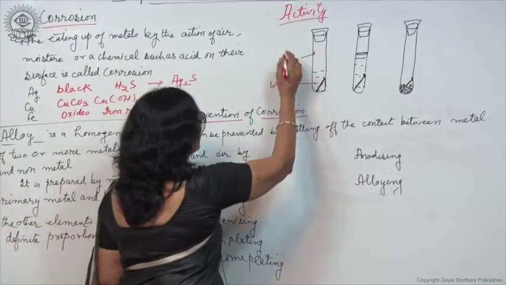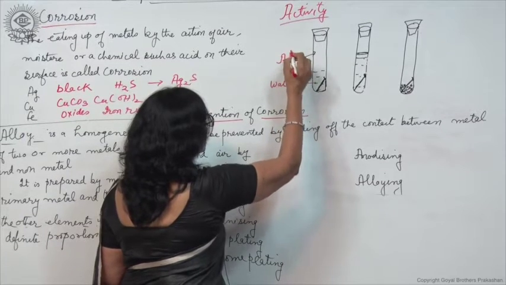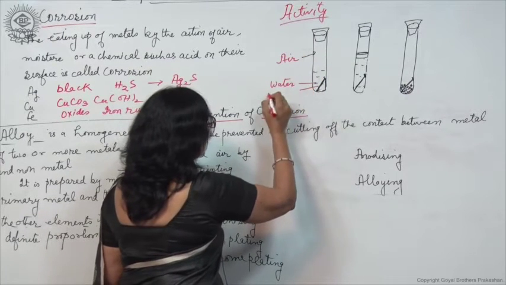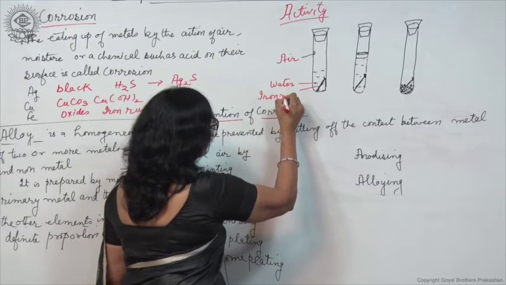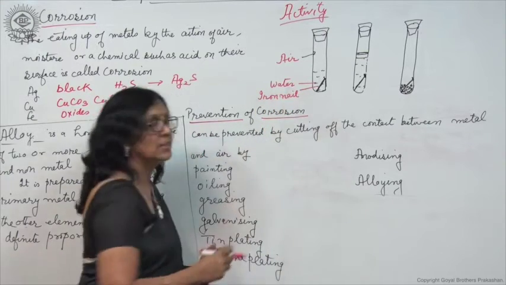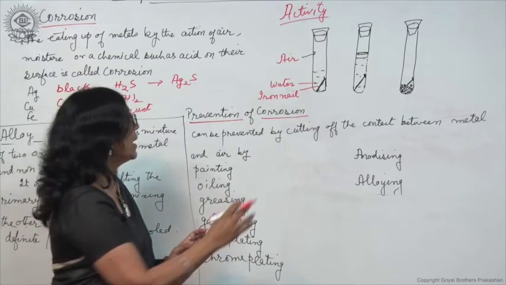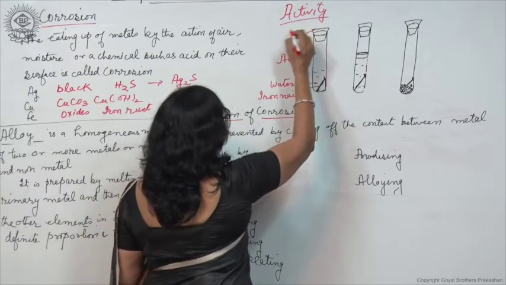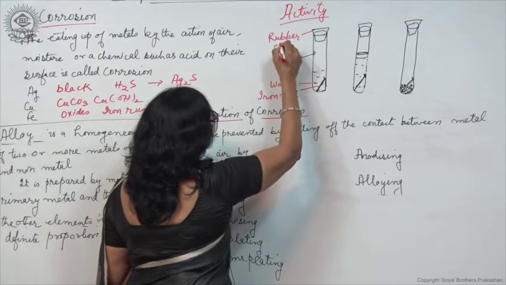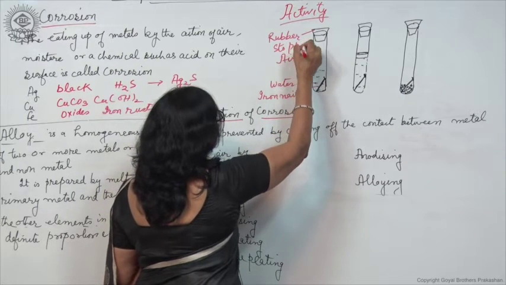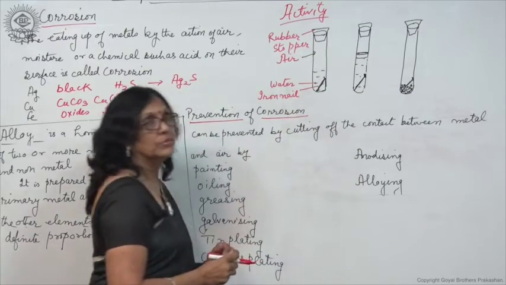So, at the top there will be air, and this is a fresh iron nail which is shiny, which is immersed in water, and this is a rubber stopper. So, this is the first test tube.